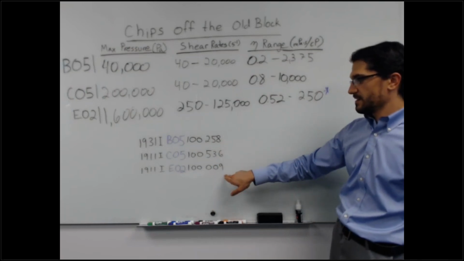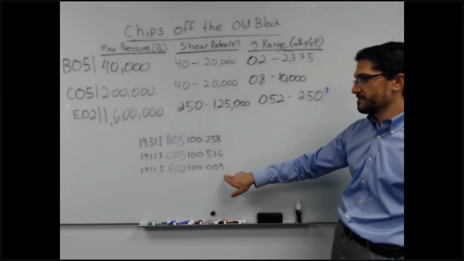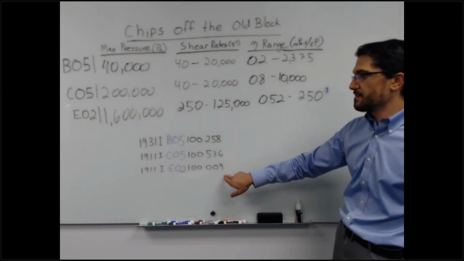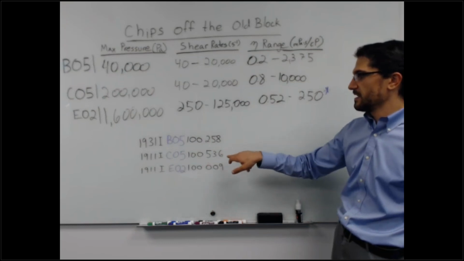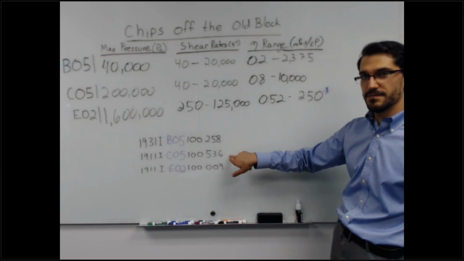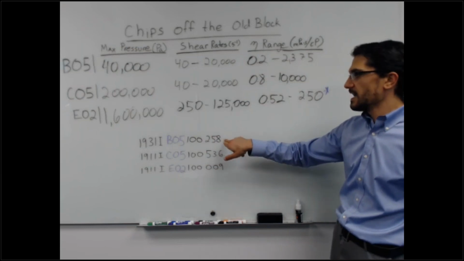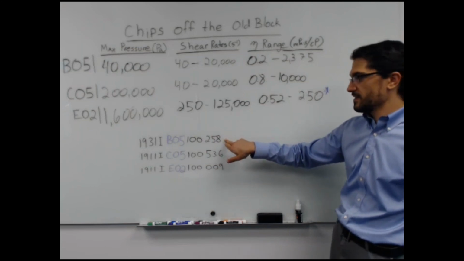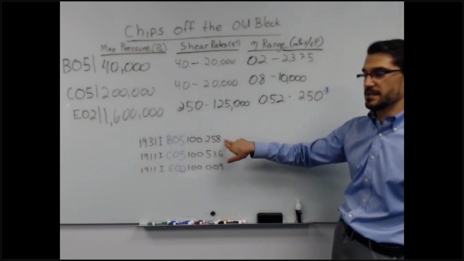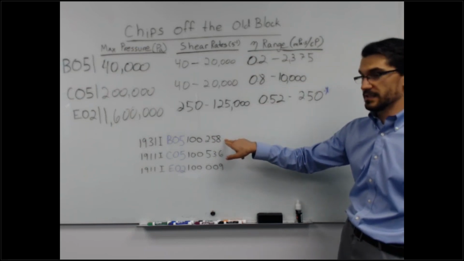So here for the EO2 chip, this 9 means that this EO2 chip was the 9th EO2 chip manufactured in 2019. This means it's the 536th C chip manufactured in 2019. And this number denotes that this B chip was the 258th B chip manufactured in 2019.